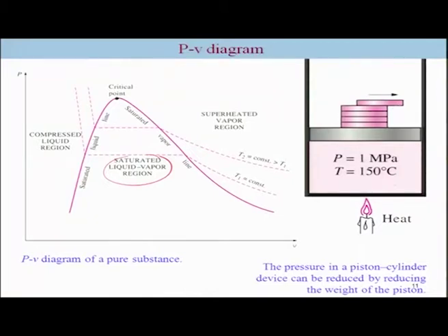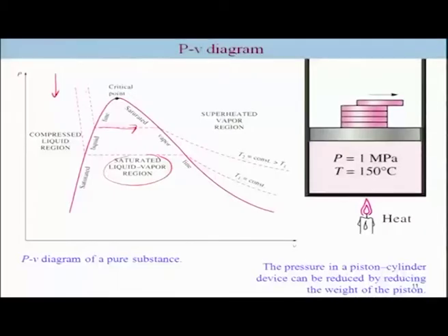So you are maintaining the temperature here, and if you are reducing the pressure, the volume is going to expand. So this is the representation, and it will start from here until it reaches the point where it will start vaporizing.